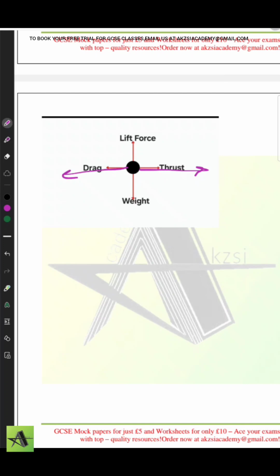The aeroplane also has weight, in the downward direction, and something has to balance its weight, because if there were nothing it would fall down. To keep it maintained in the air, there has to be a force, and that's the lift force, which is in the upward direction.